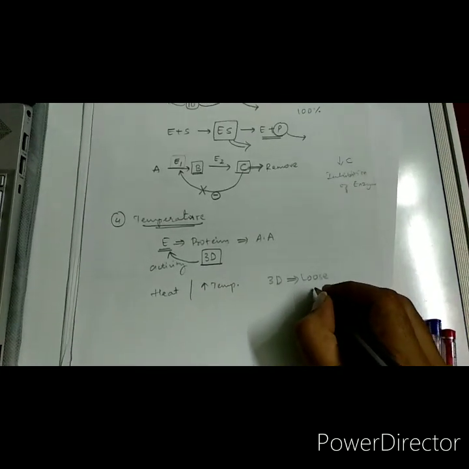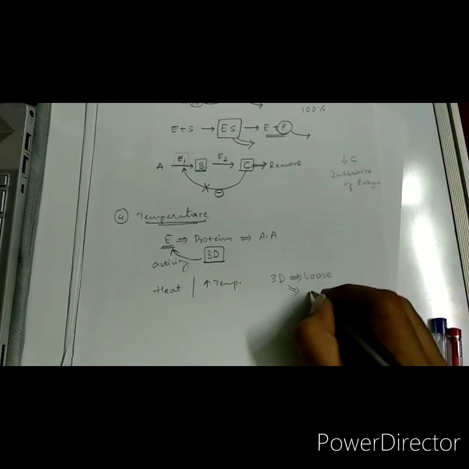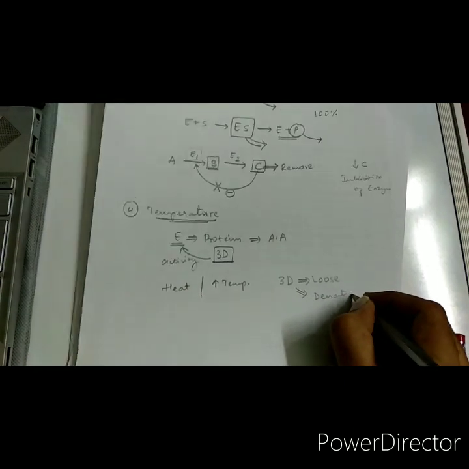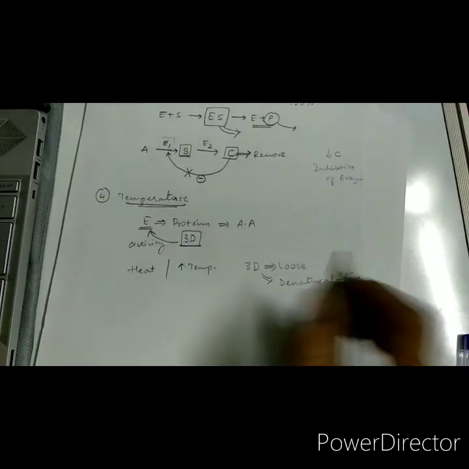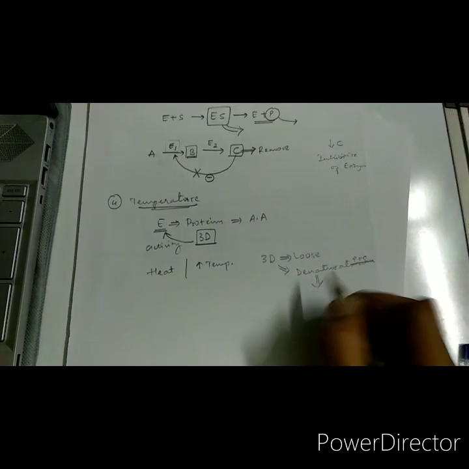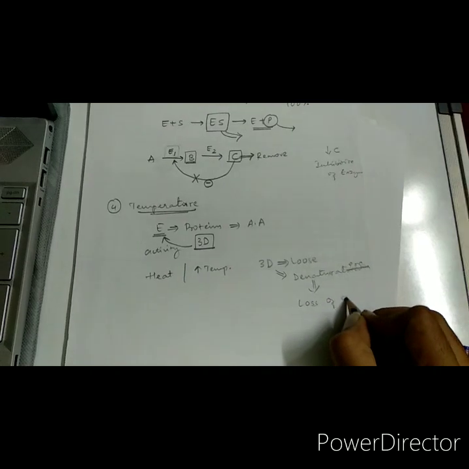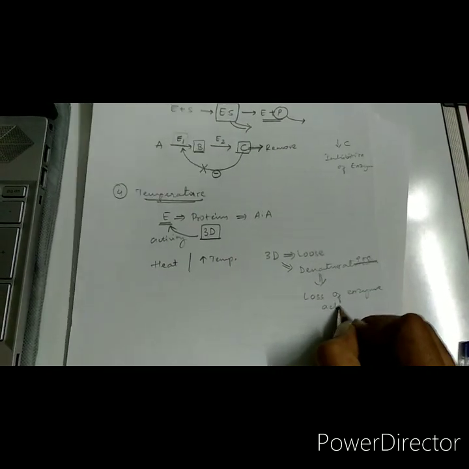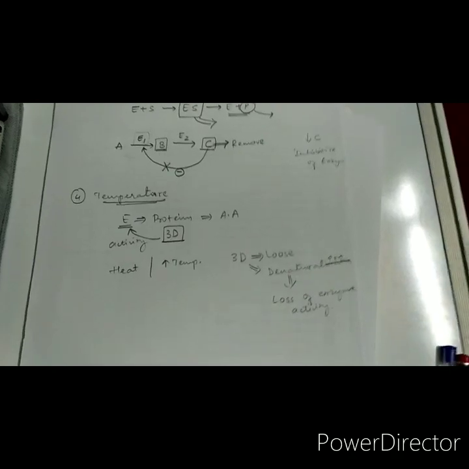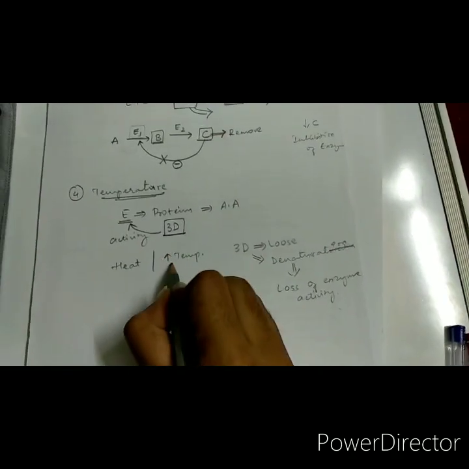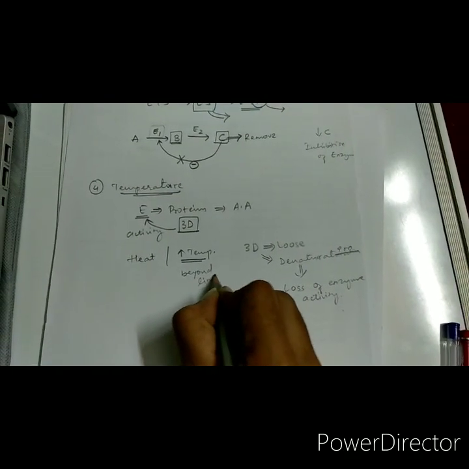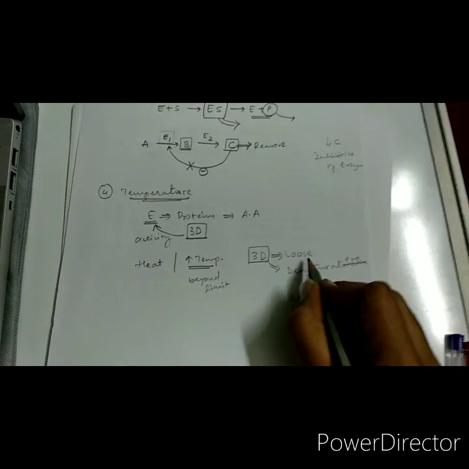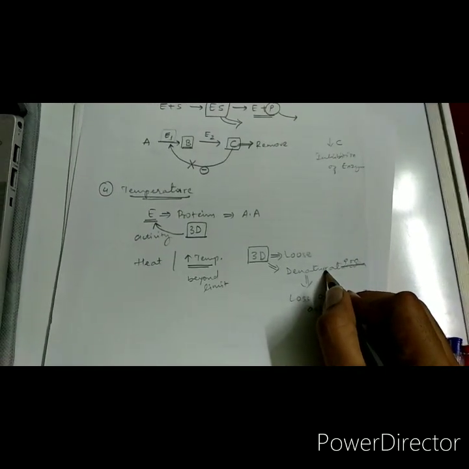When we heat or increase the temperature, this 3D structure becomes loose. That is denaturation. This denaturation leads to loss of enzyme activity. If there is an increase in temperature beyond the limit, the 3D structure of the protein is lost, that is, the protein is denatured.